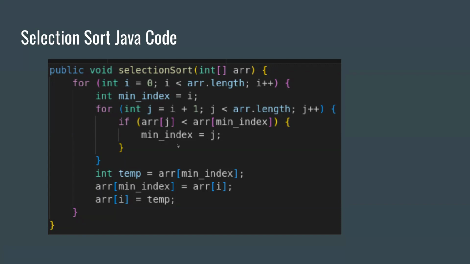Because we want to swap these elements, we would temporarily assign the value of the element at minimum index to a temporary value, and then we will set array at minimum index to array at i, and set array at i as temp, which is the array value of the minimum index.